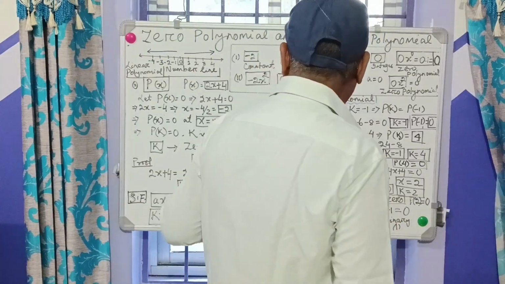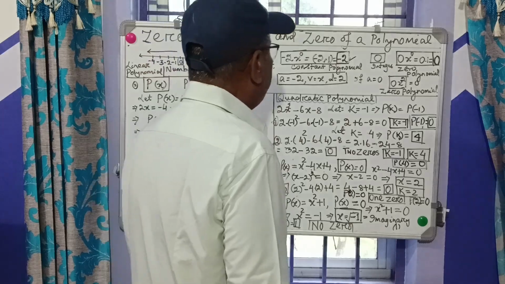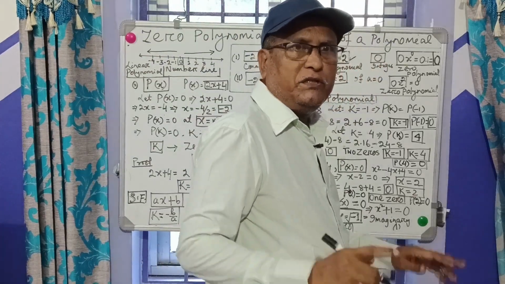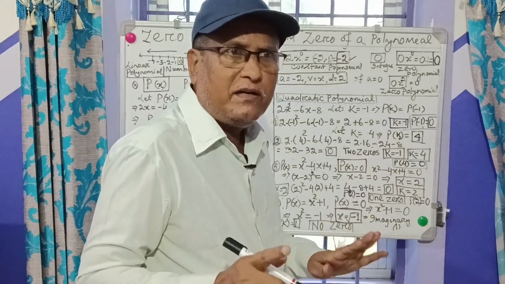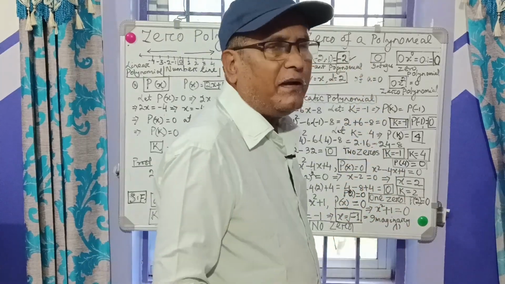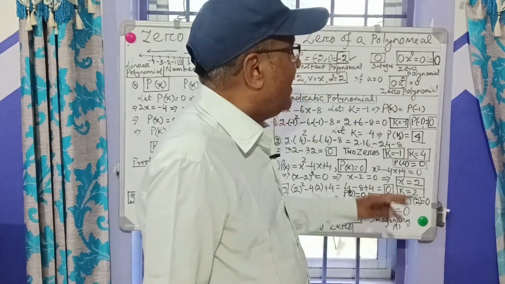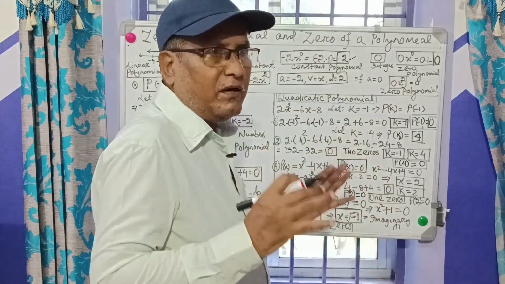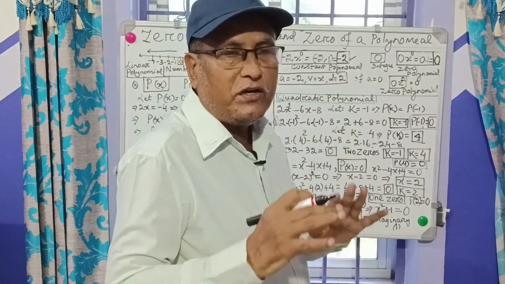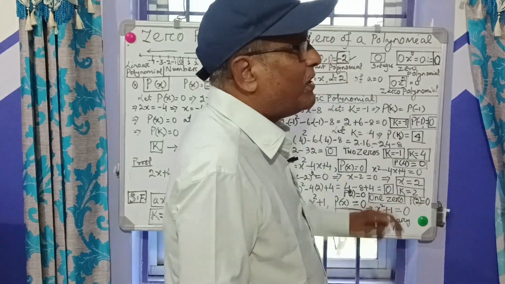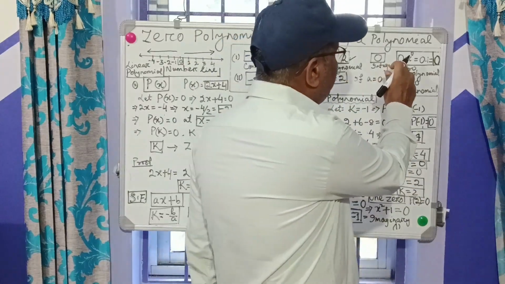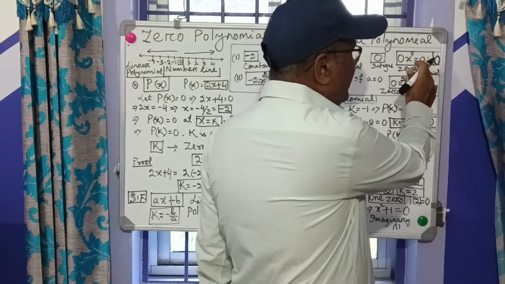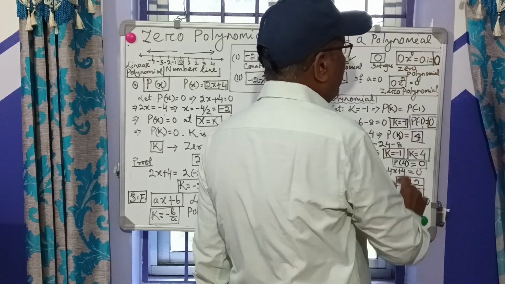But let us consider 0 is an integer. So 0 is called a constant polynomial, we can say. Let us apply the conditions of a polynomial. So here 0, variable x and degree 0. The result is 0 into 1, 0.